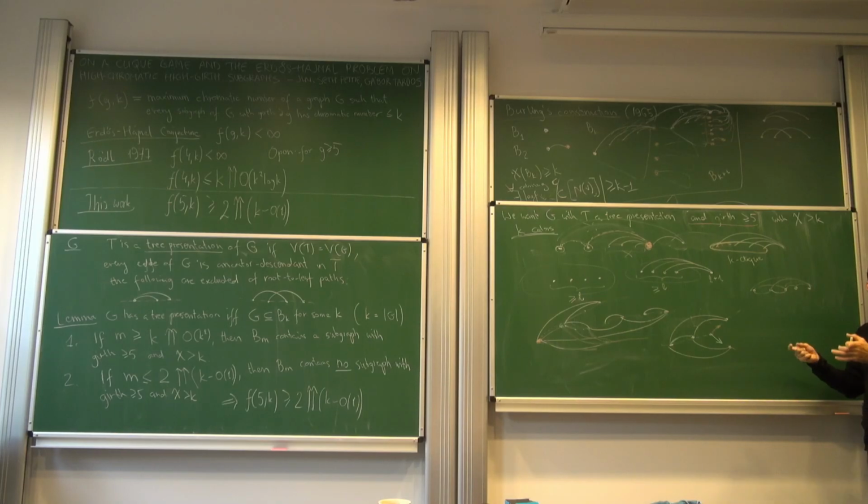This is only disadvantageous for the builder, and then builder is required to two-color these edges in some way, and chooser just chooses which color should be preserved. And the edges of the other colors are removed. And in this game, we want to create a k-clique. Okay? So first, let's see that we can do this.